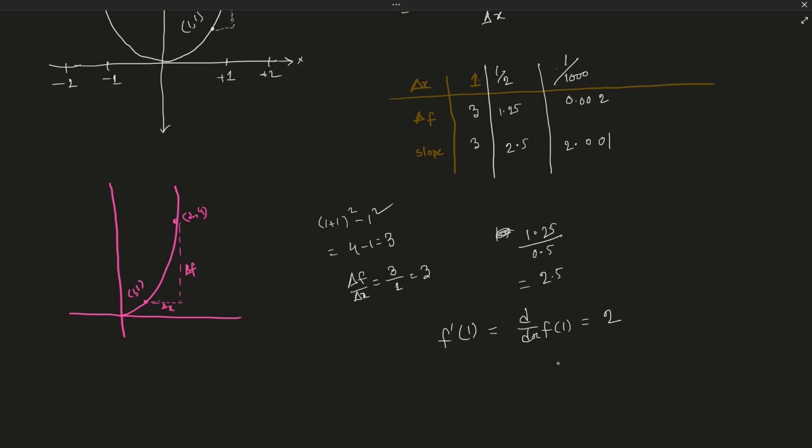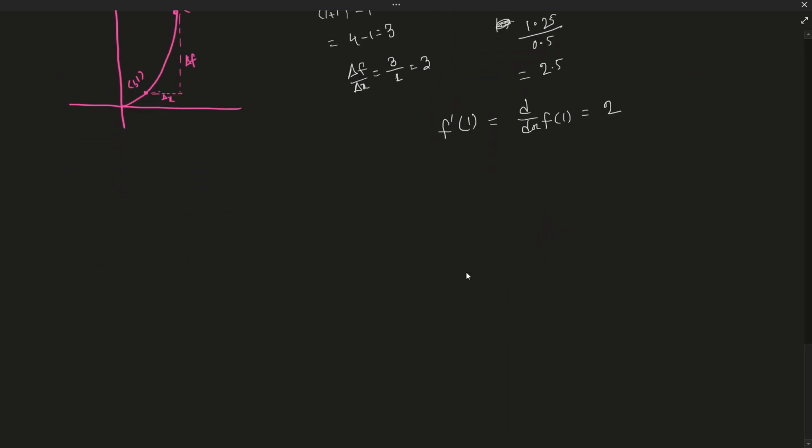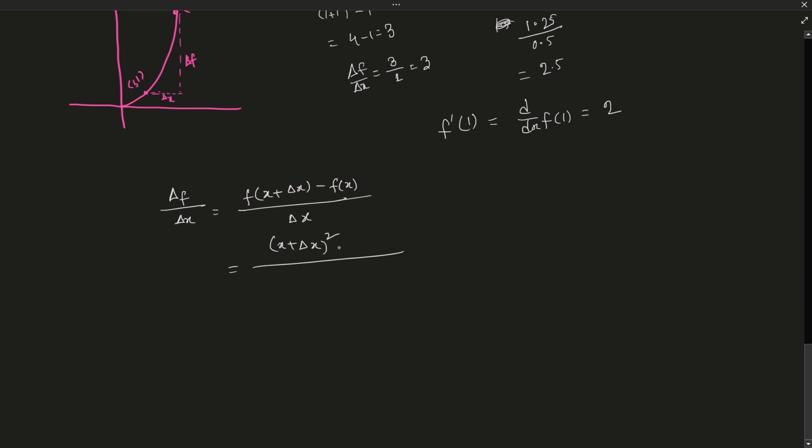And now let's calculate the formula. So it was something like del f by del x, so f of x plus del x minus f of x, over del x. So it will be x plus del x whole square minus x square, over del x.